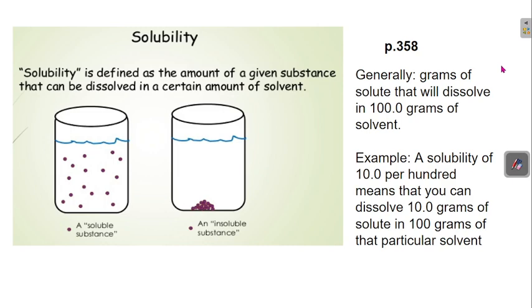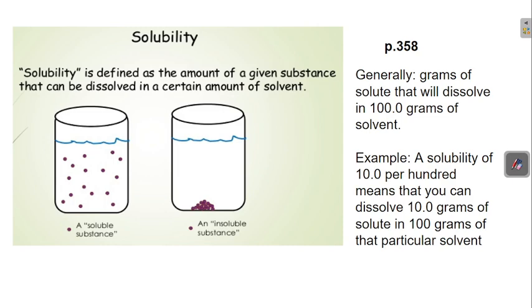Page 358, definition of solubility. What is that? Well, that is the amount of a given substance that can be dissolved in a certain amount of solvent. In chemistry, we talk about grams of the solute that will dissolve in 100 grams of solvent.